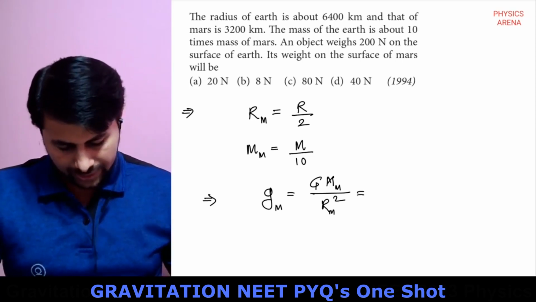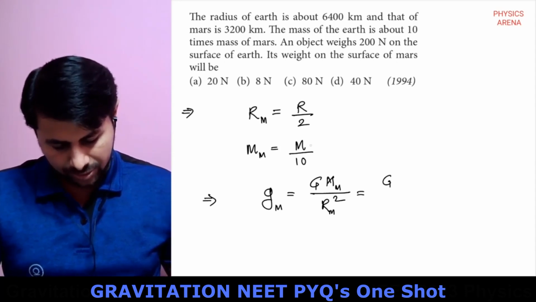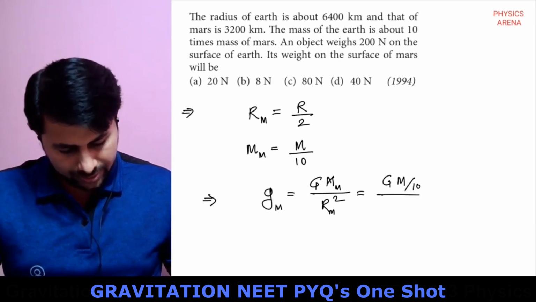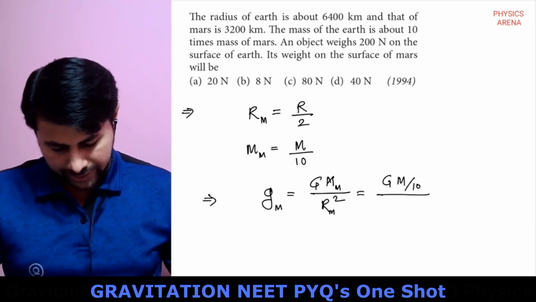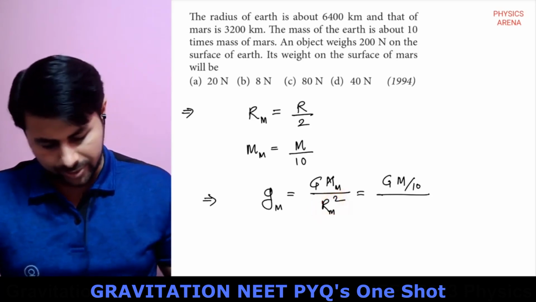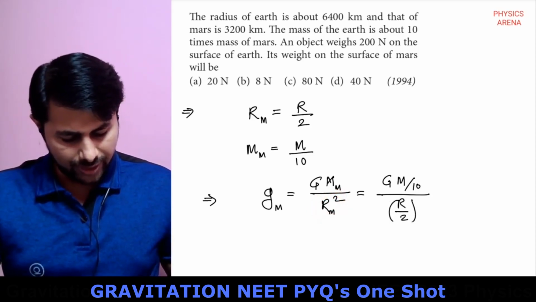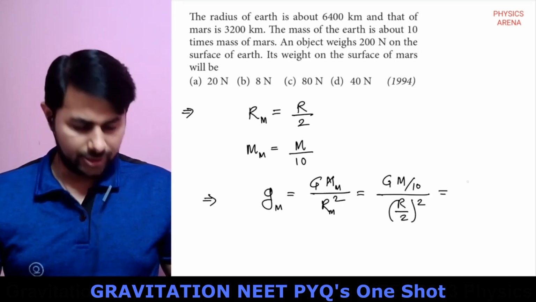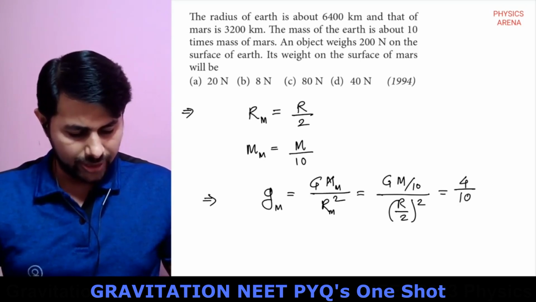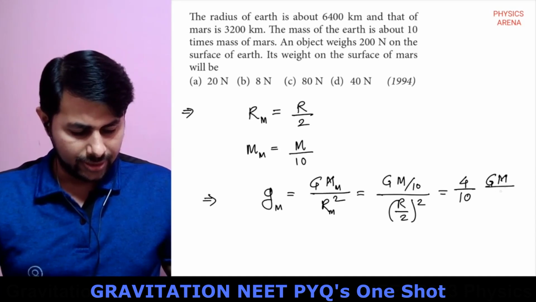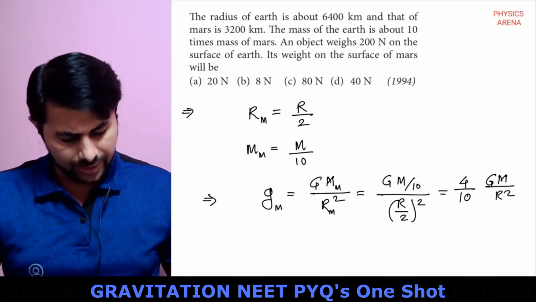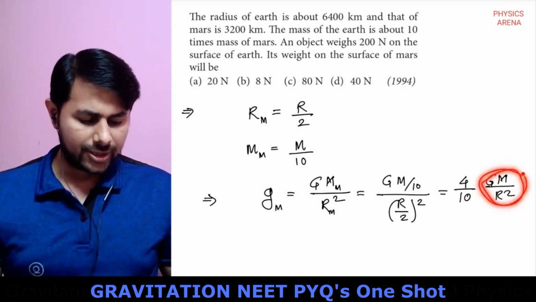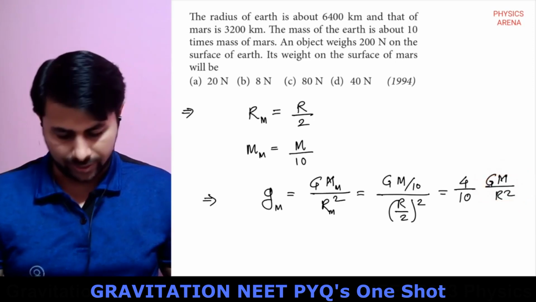That is G times mass of Earth divided by 10, M upon 10, divided by radius of Mars, which is r upon 2, squared. So 2 squared is 4, it goes to the numerator. So you have 4 upon 10 times GM upon r square. That is 4 by 10, or 2 by 5, times the acceleration due to gravity of the Earth.